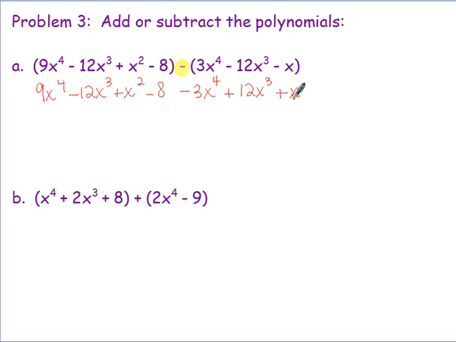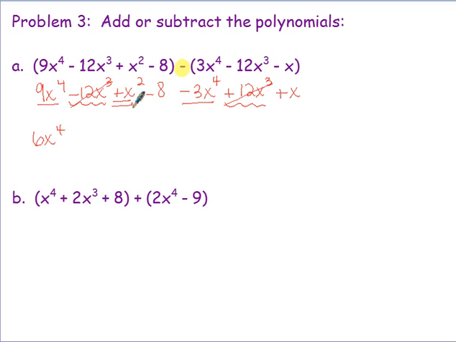Like terms. X to the fourth, 9 take away 3 leaves me with 6x to the fourth. Look for threes. X to the third, x to the third. Negative 12 plus 12 is 0. Well, if you get a 0, you can just cross them off. They cancel.